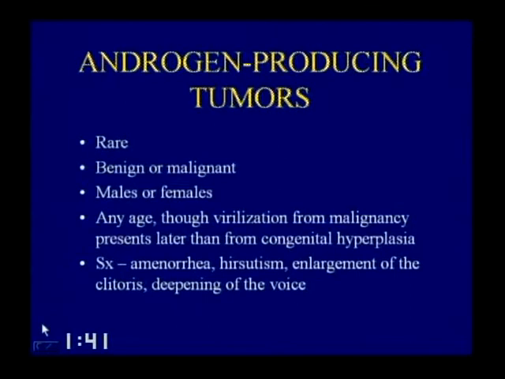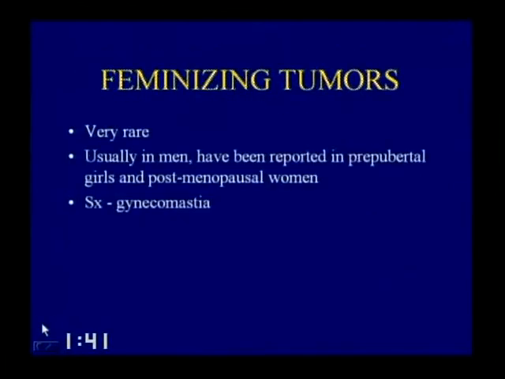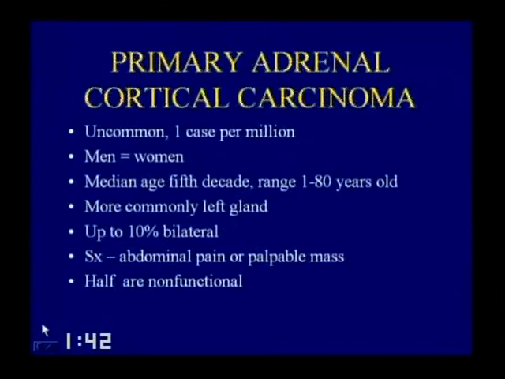They can be benign or malignant tumors of the adrenal cortex, and they can present at any age, though if it's from a malignancy, they'll tend to present later than if it's congenital. Feminizing tumors are very rare, typically in men, though they have been reported in women; these will present with gynecomastia.